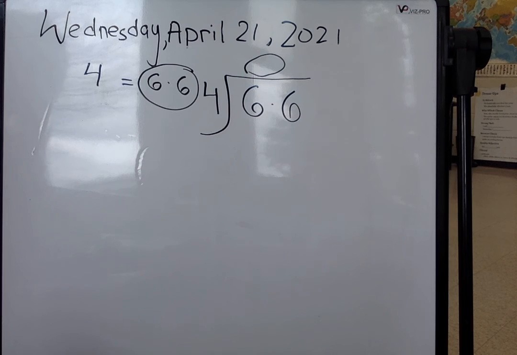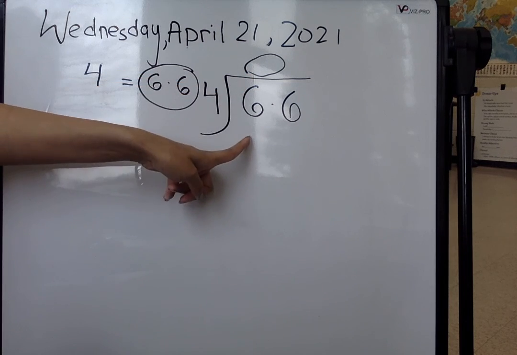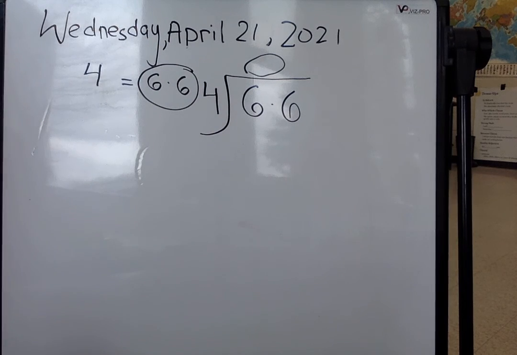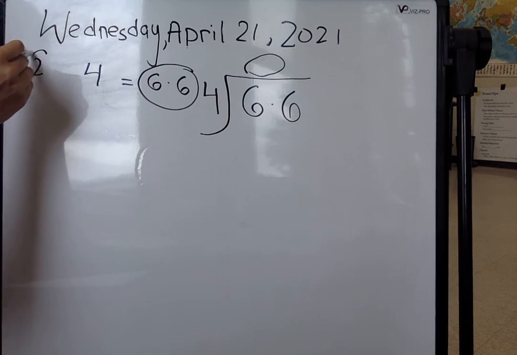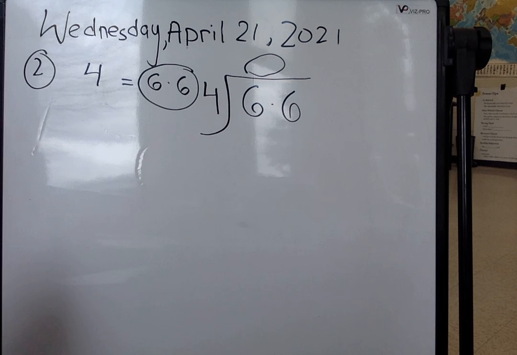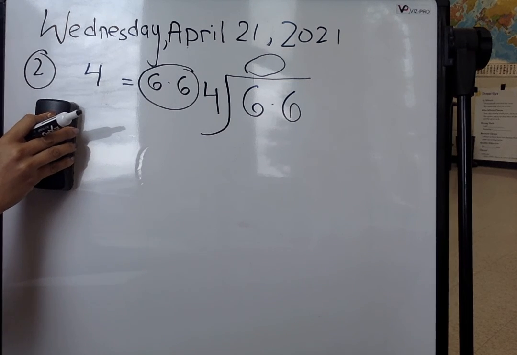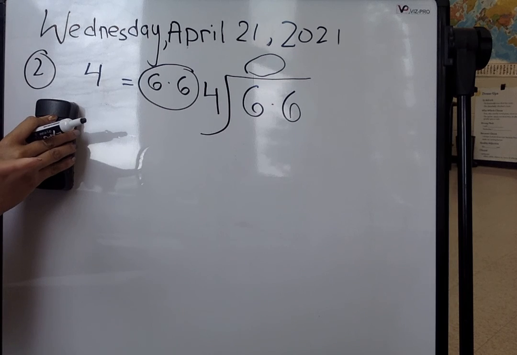Okay, so once you're done dividing 6.6 by 4, please go ahead and check your answer for question 2. And I really hope that you're doing it along with me. And always, grade 4, you can pause the video, do the question, check the answer, then move on.